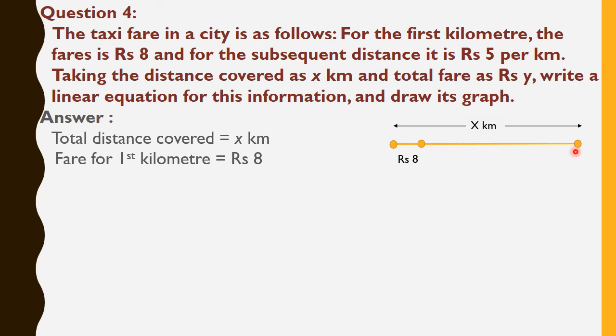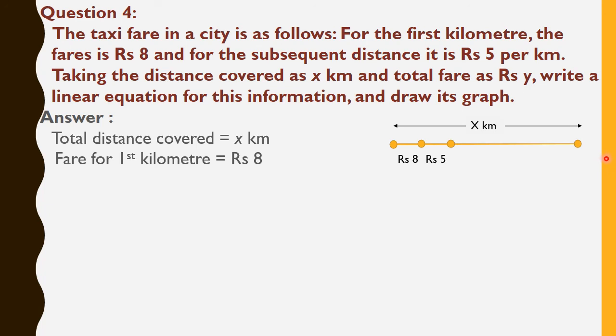So how much more distance is left from this total distance? We have covered about 1 kilometer with rupees 8. So the remaining path is x minus 1 kilometer.